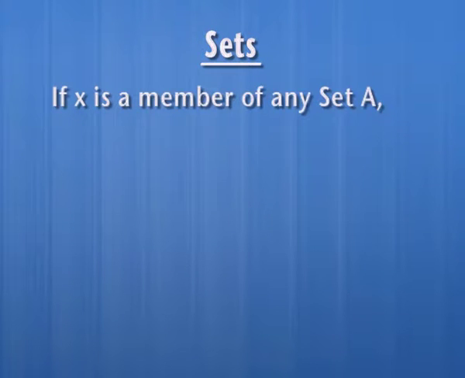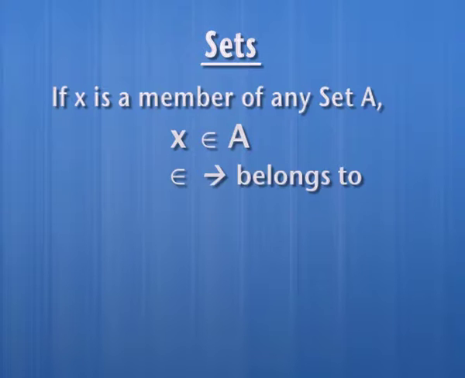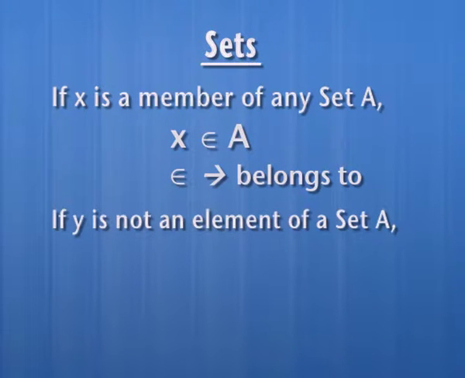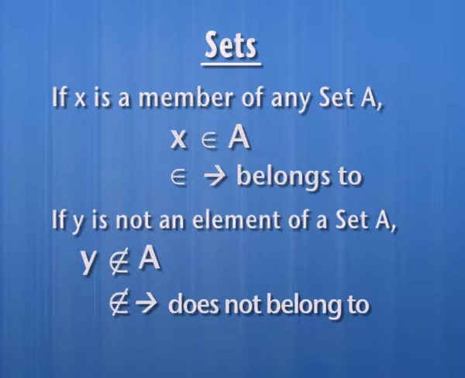If x is a member of any set, means x is the element of a set, then we write like this: x belongs to A. This is a Greek symbol which is used to write belongs to, and if any element y does not belong to the set, then we write like this. This symbol is used to represent does not belong to.